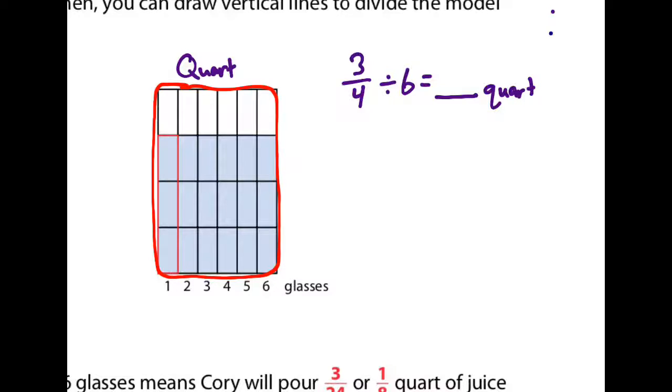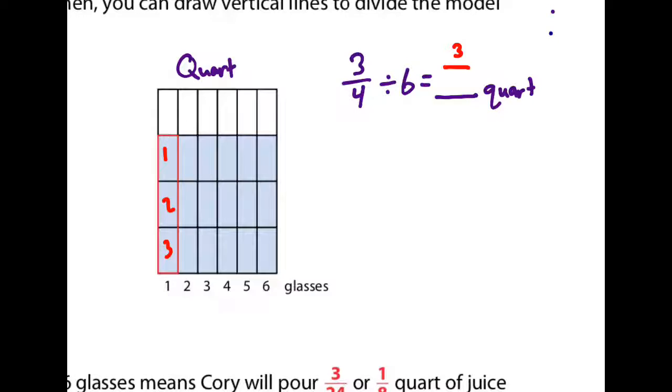Let me erase that. What we're going to do is look at just this red box here. So we're looking at one glass. And how we figure out our answer is this. There are 1, 2, 3 little blue pieces in that one glass that are full, right? Now what's the denominator? The denominator has to be how many of those pieces there are in an entire quart.